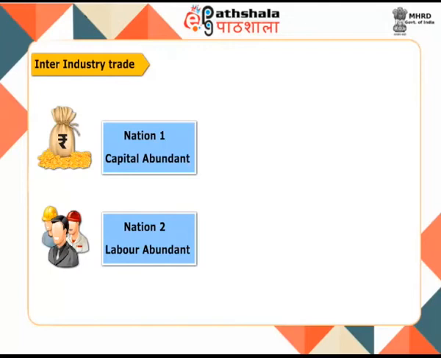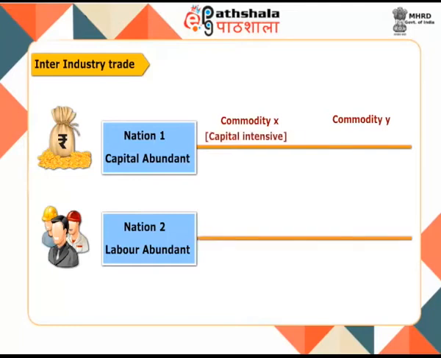The two industries X and Y in both nations are producing commodity X and commodity Y, where commodity X is capital intensive as compared to commodity Y. If commodity X is a homogeneous product sector, then the trade pattern would look as shown. Because nation 1 is capital abundant and commodity X is capital intensive, nation 1 would export commodity X and import commodity Y. In the figure, the length of the arrows indicates the values of trade in each direction. The figure shows that nation 1 will export commodity X.